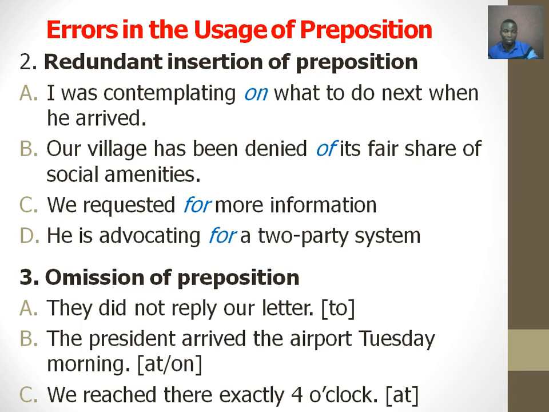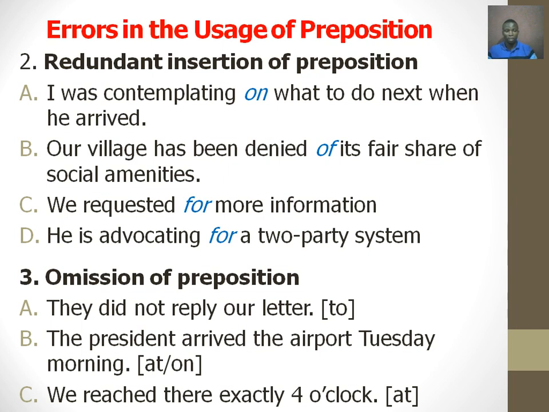Remember that the verbs here are not prepositional verbs, and as such, they do not need any preposition to accompany them. So if anybody decides to use a preposition with them, then the person has redundantly inserted a preposition where a preposition is not needed. So the correct thing to say is our village has been denied its fair share of social amenities.